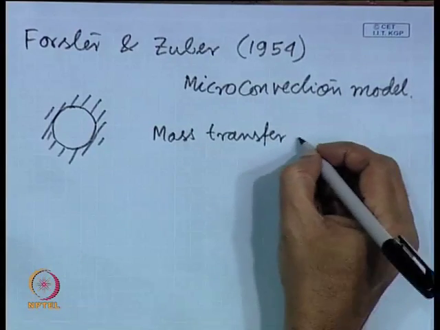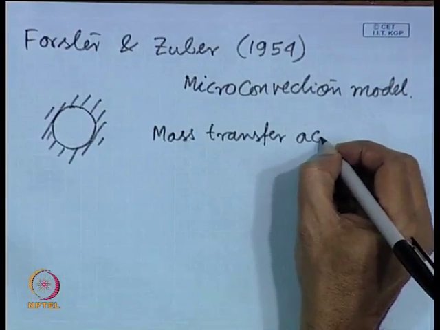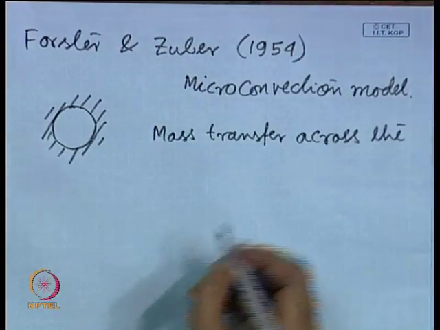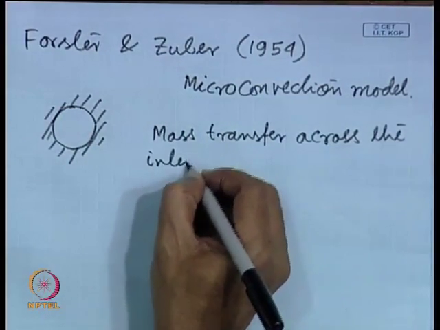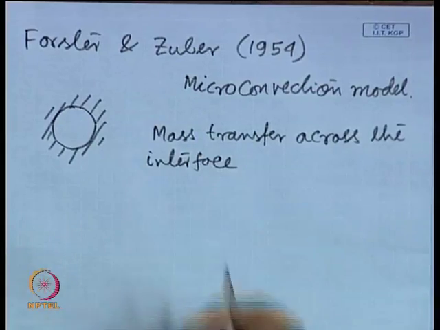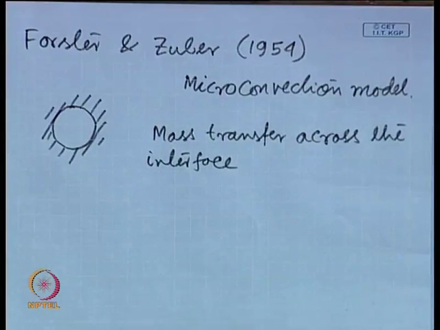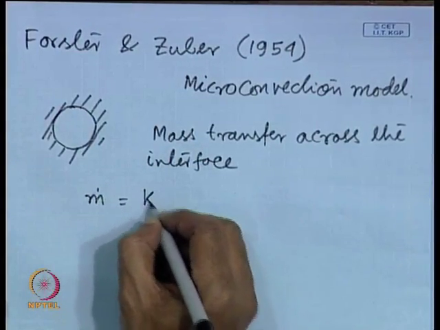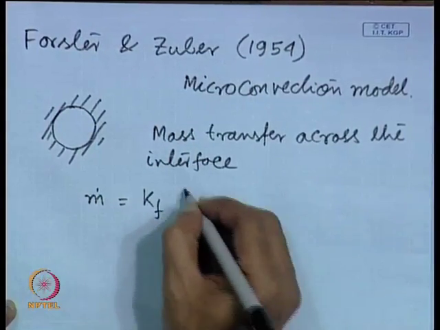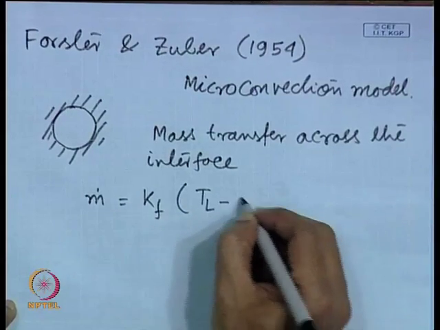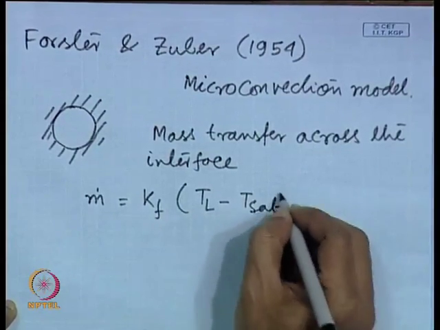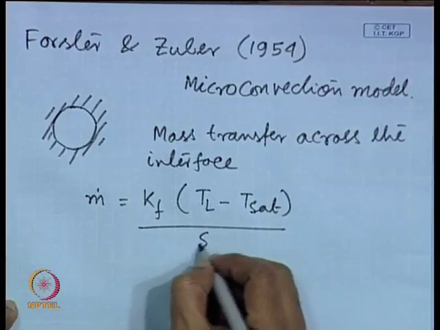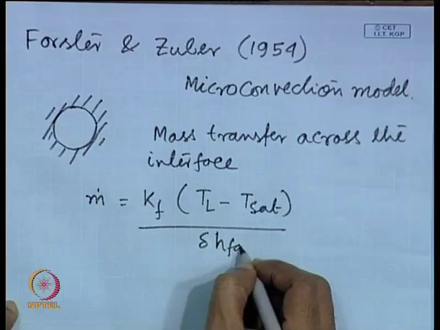Mass transfer across the interface, we will get m dot is equal to k_f (T_L minus T_saturated) divided by delta into h_fg.